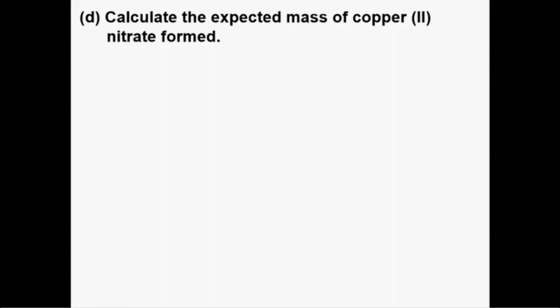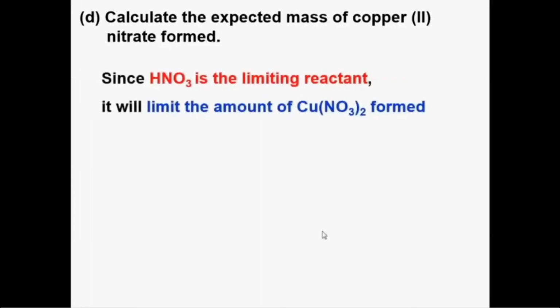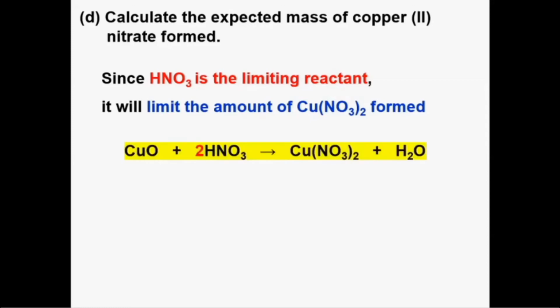Okay guys, so now let's look at how to solve this problem. Once again, since we have determined that nitric acid is the limiting reactant, this nitric acid will limit the amount of copper II nitrate formed in this reaction.